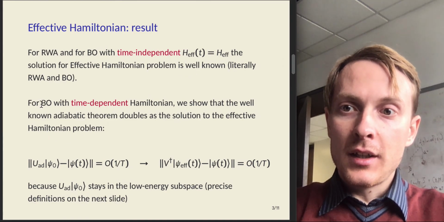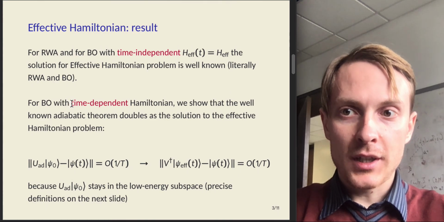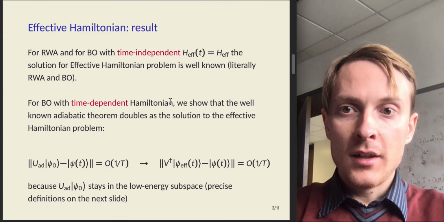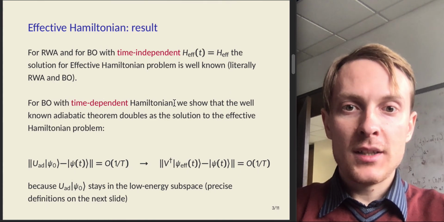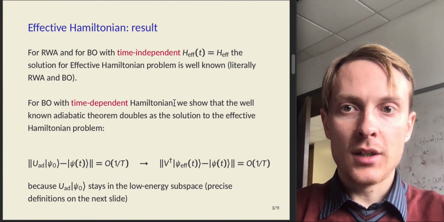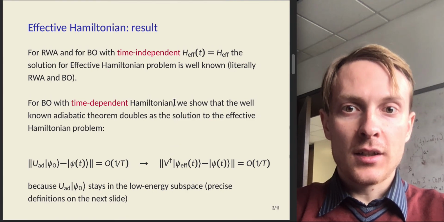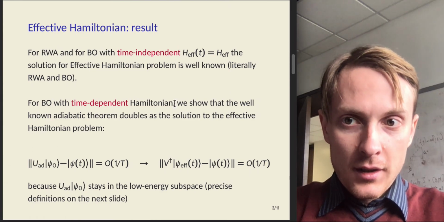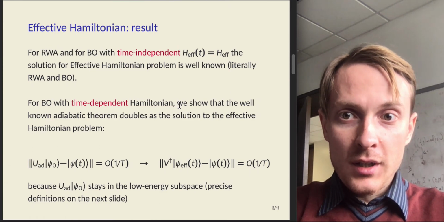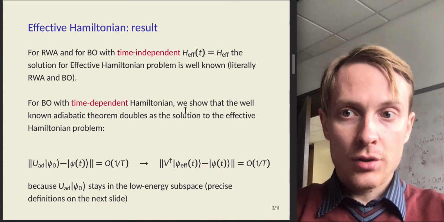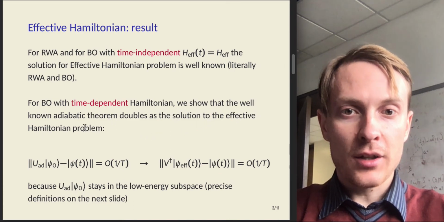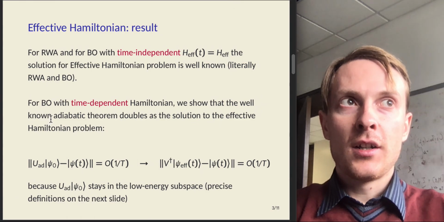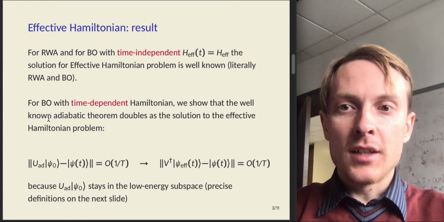However, if the effective Hamiltonian that we want to get is time dependent, there wasn't an immediately available solution in the literature that stated if there are any extra terms that appear. So we, in this work, show that there was actually a result in the literature that was well known for a long time that solves this problem.